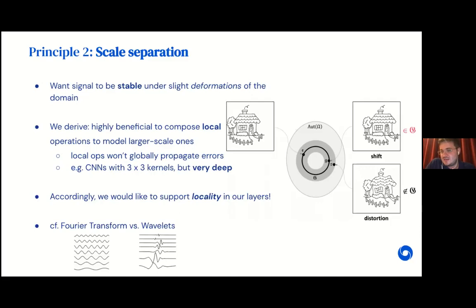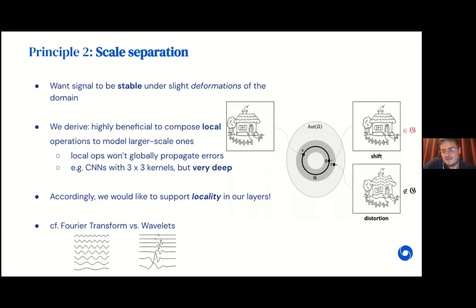Yet you would still want your model to be robust to reasonable levels of distortion, because there will always be some level of distortion when you're working with natural data. And you have to be careful, because if you just impose invariance or equivariance on your functions, that still doesn't solve the problem that if I have a distortion somewhere, my output signal might blow up as a result.